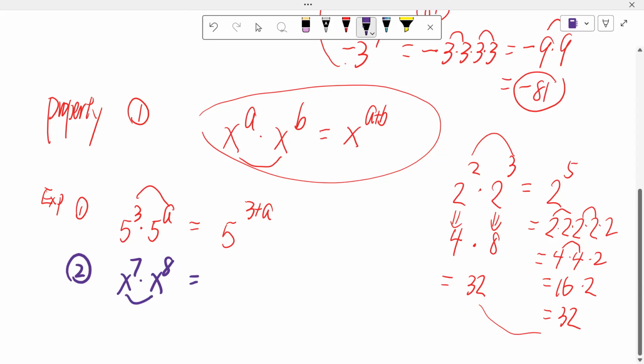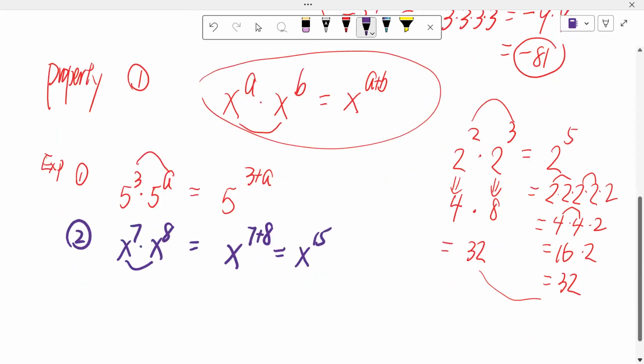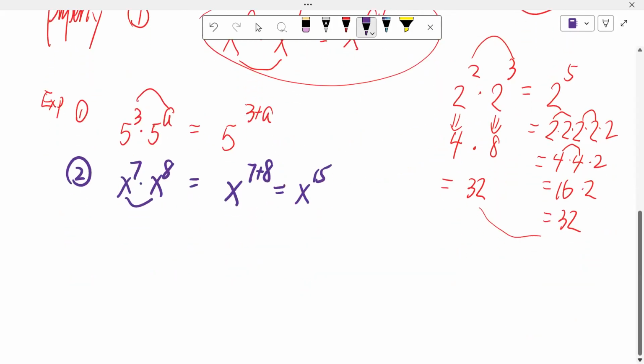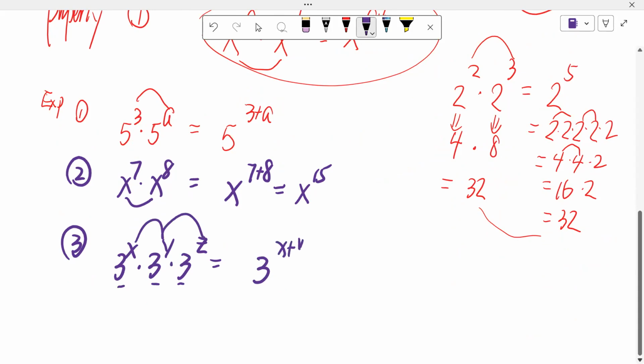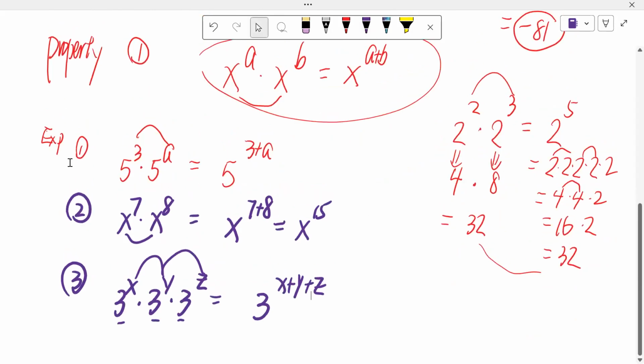Again, same base, keep the base and add the exponents: 7 plus 8 is 15, so x to the 15. And so on, let's say we have 3 to the x, 3 to the y, and 3 to the z. Again, same base, keep the base and add those three: x plus y plus z. Any question about this?